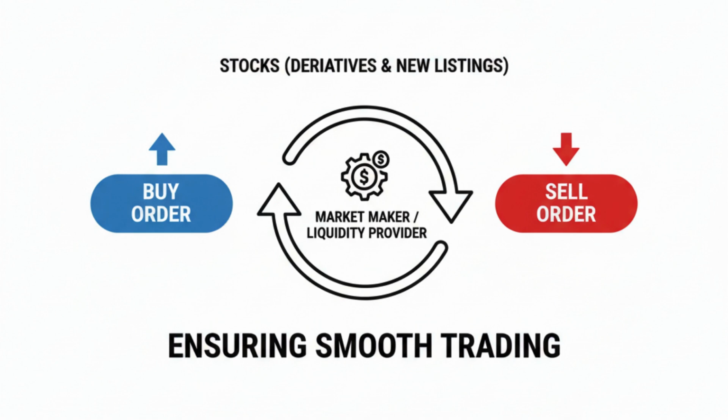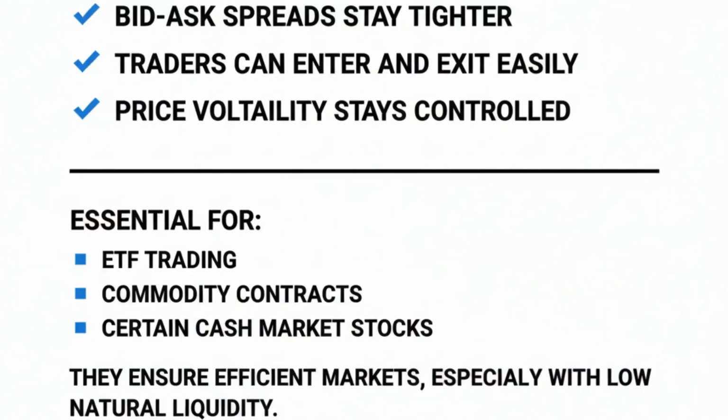Traders can enter and exit easily. Price volatility stays controlled. This system is essential for ETF trading, commodity contracts, and certain cash market stocks when natural liquidity may be low. Market makers help the market function efficiently, especially when there are fewer natural buyers and sellers.